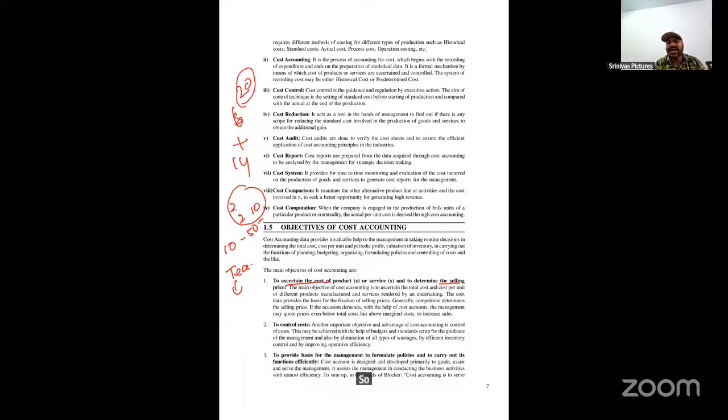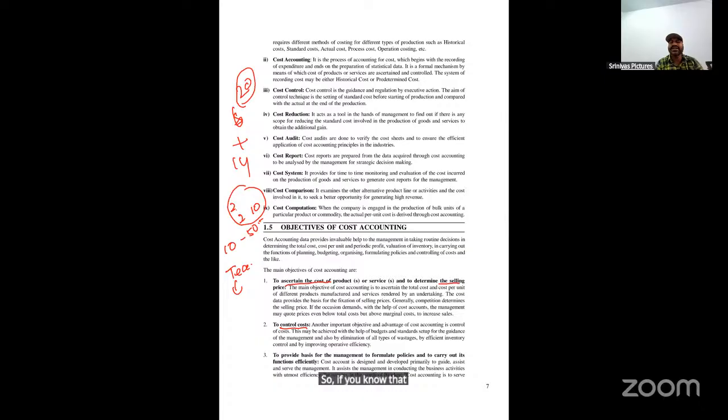So ascertain the cost of the product or service to determine the selling price. The main objective of cost accounting is to decide the selling price. Second objective is to control the cost. See, where cost is incurring, and how much waste cost is incurring.